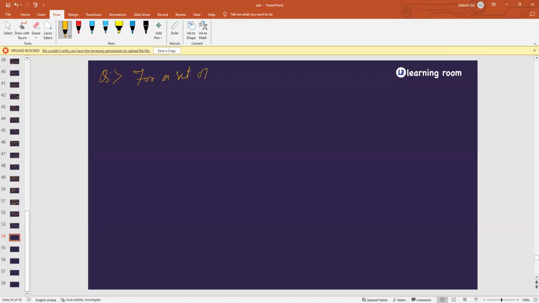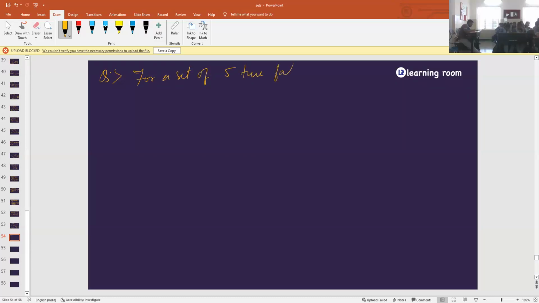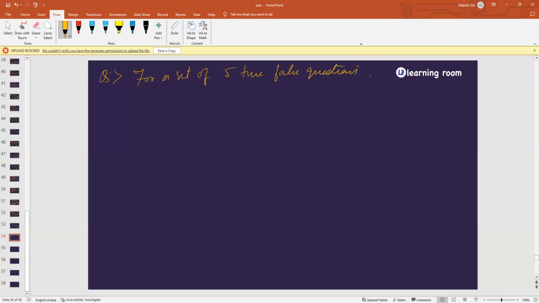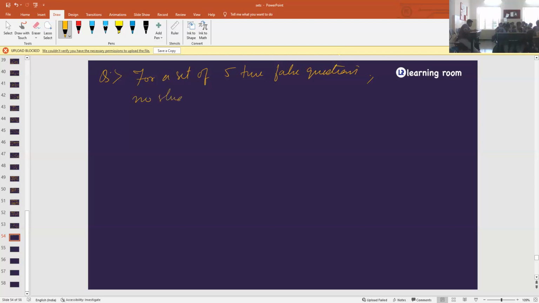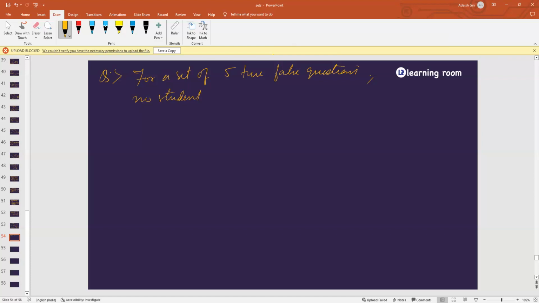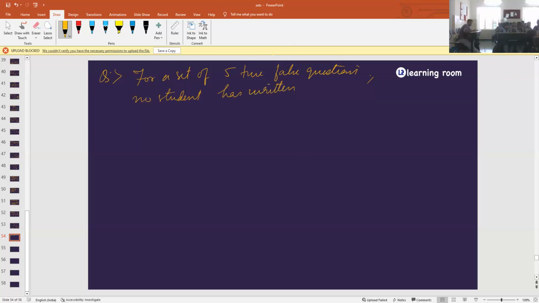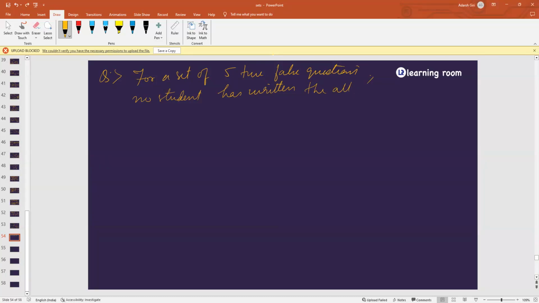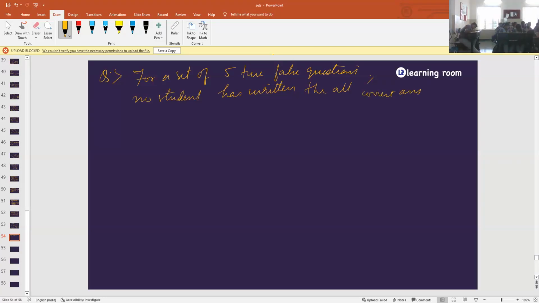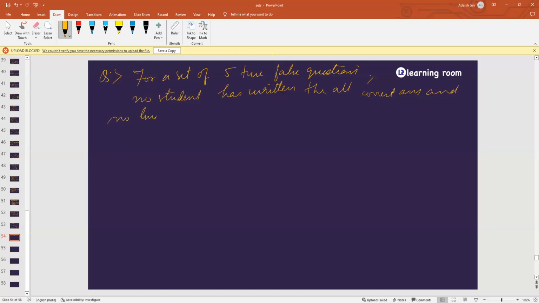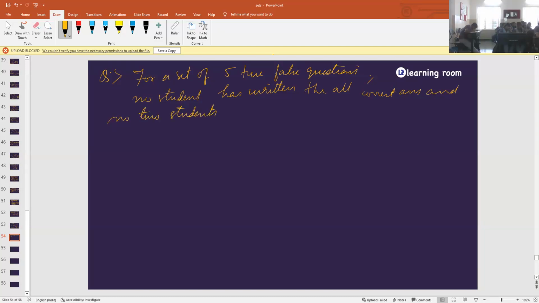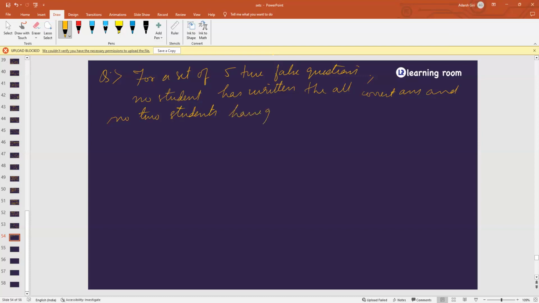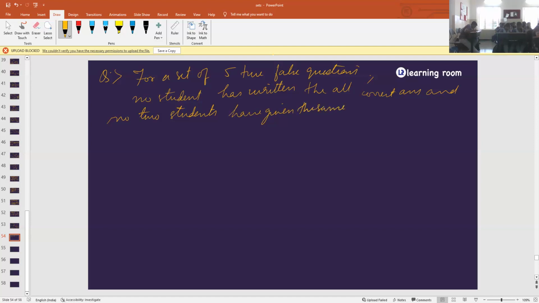For a set of 5 true false questions, no student has written all correct answers, and no two students have given the same sequence of answers.